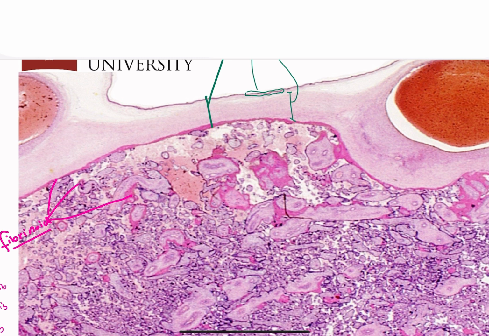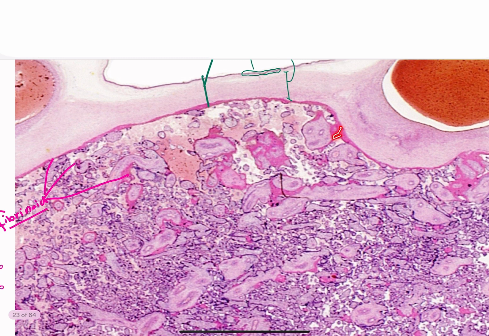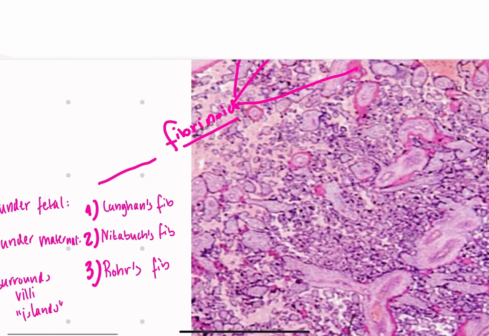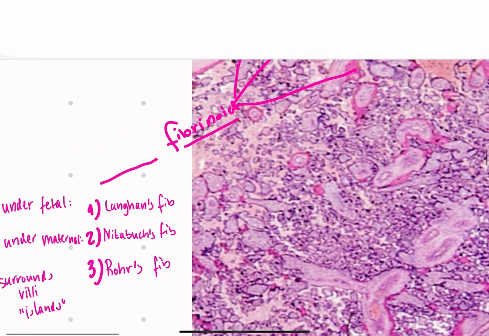Look at something that is very deep pink or deep magenta color. All of this area, this and this, all of that is known as the fibrinoid.